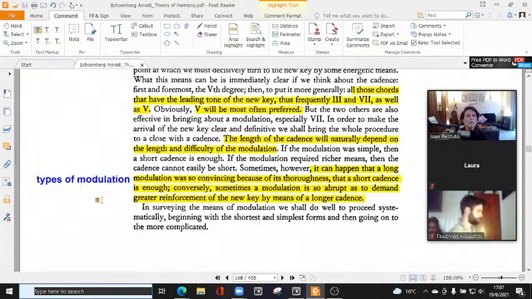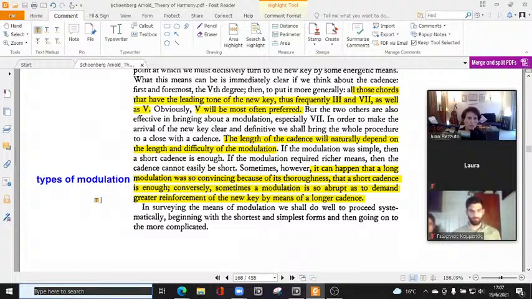Now, one thing is important before we start playing. The length of the cadence will naturally depend on the length and difficulty of the modulation. If the modulation was simple, then a short cadence is enough. If the modulation required richer means, then the cadence cannot easily be short. Sometimes, however, a long modulation was so convincing because of its thoroughness that a short cadence is enough.